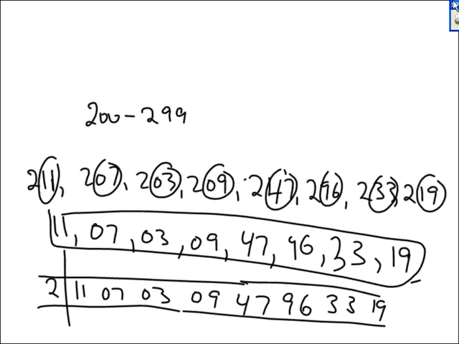So I can somewhat easily tell you, well, maybe not easily, but with a greater probability of doing it correctly. This is 203, 207, 209 here, 211, 219, 230, 233, 247, 296.